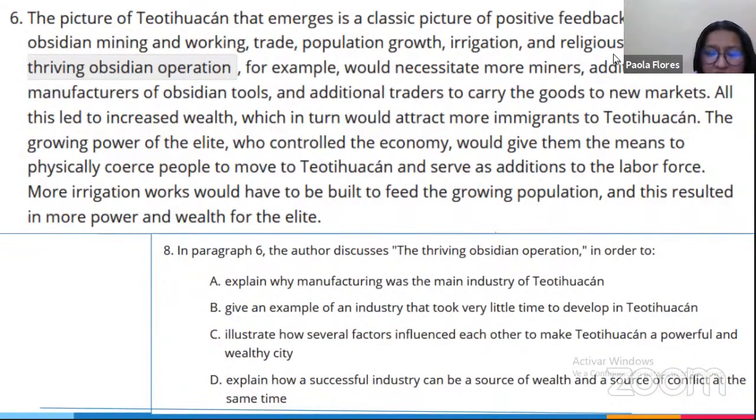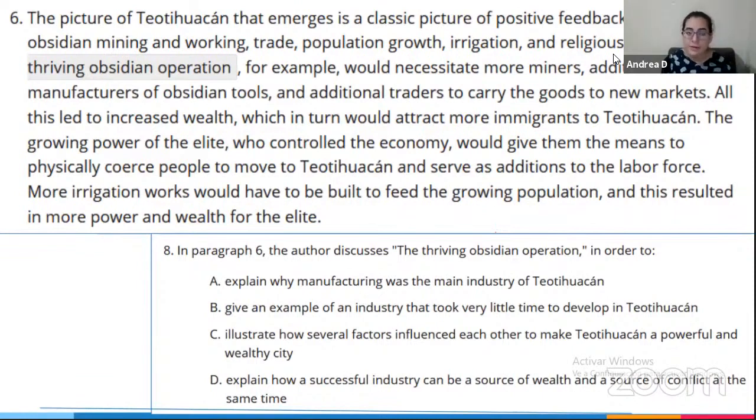B. Give an example of an industry that took very little time to develop in Teotihuacan. C. Illustrate how several factors influenced each other to make Teotihuacan a powerful and healthy city. D. Explain how a successful industry can be a source of health and source of conflict at the same time. Okay, thank you so much.